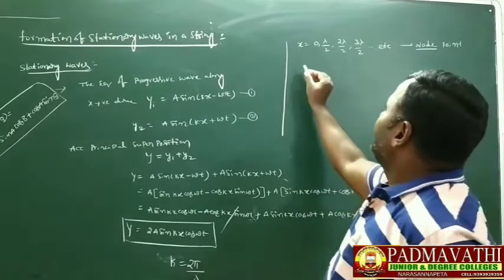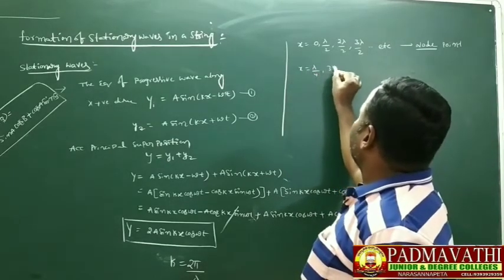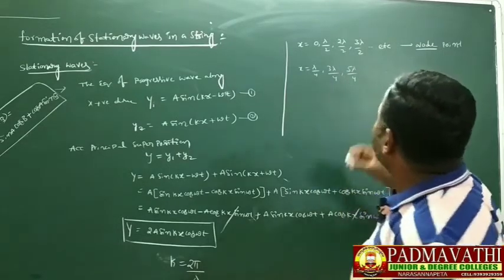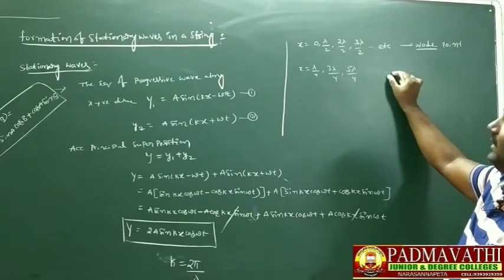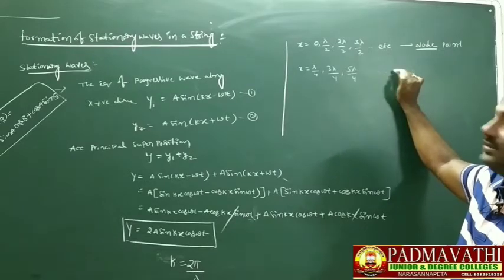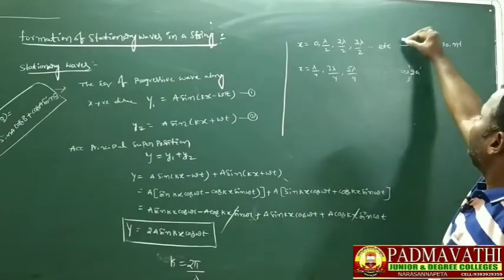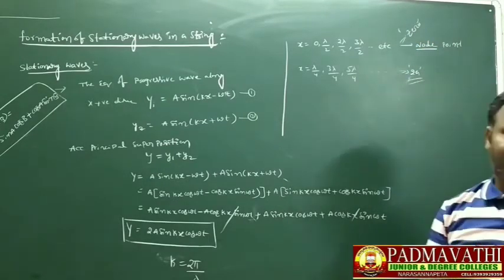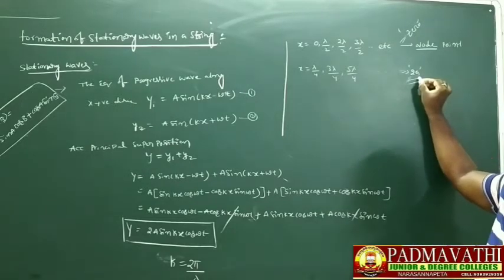Next, x equals lambda by 4, 3 lambda by 4, 5 lambda by 4, and so on. Here the amplitude of the particle is maximum, equal to 2a.